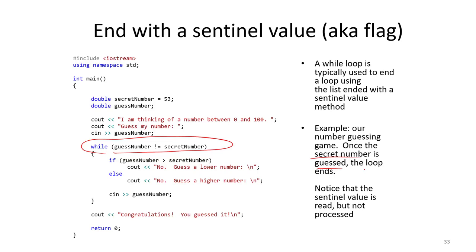You could also do something where once you are finished entering data, you end with a certain value. One thing to be careful of is that if the sentinel value is detected, then the rest of the loop will not run because the Boolean statement becomes false. So that sentinel value will be read, but the loop will not execute its statements when the sentinel value is detected.